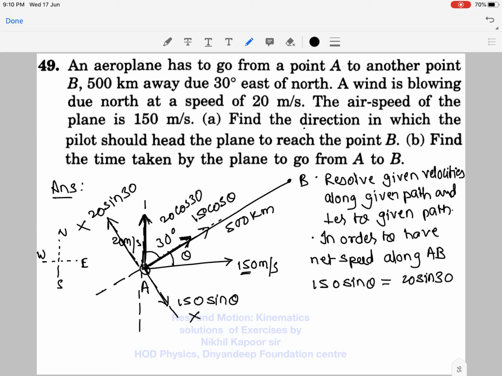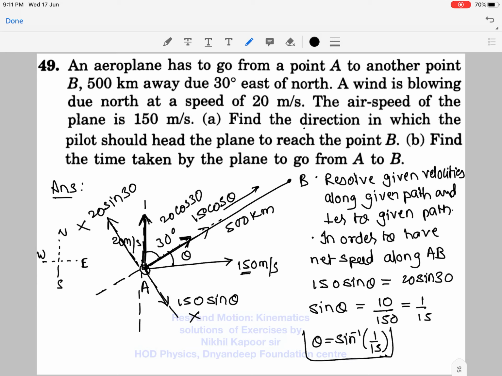If these two vectors are equal and opposite, they will cancel each other and the net speed will be in this direction. So 150 sin theta is 20 sin 30, and sin 30 is 1 by 2, so it becomes 10 upon 150, which is 1 upon 15. So theta is equal to sine inverse of 1 upon 15, making an angle with AB.